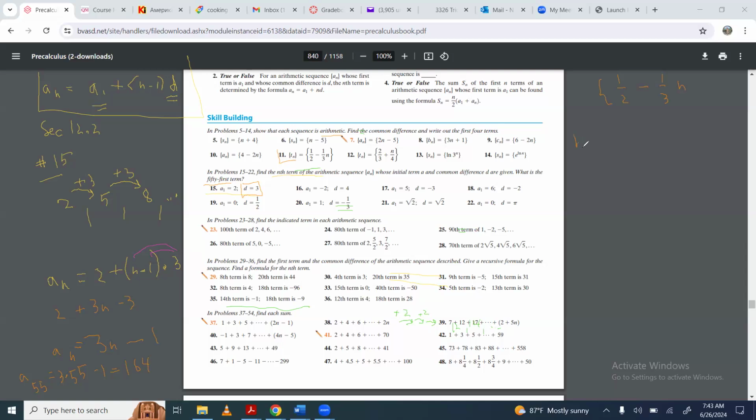So for the first term, I use n equal to 1. So term 1, a1, is half minus a third, right? Would that be 1/6? I'll let you do this arithmetic yourself. Find the same denominator, right? So you'll have 3/6 minus 2/6, and it'll be 1 divided by 6.